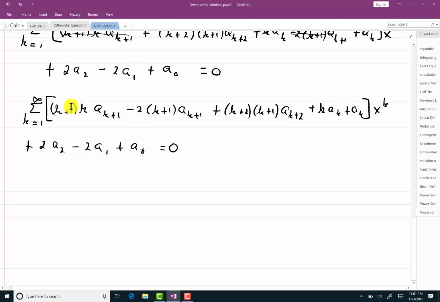I have a k plus 1 and an a sub k plus 1 common to both of these pieces. So for that first piece, if I factor out a k plus 1, and if I factor out the a sub k plus 1, what will be left is a k minus 2.